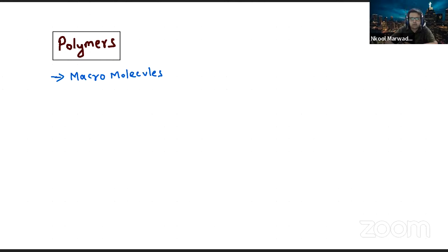And these macromolecules are comprised of small, simple, repeating units known as monomers. So polymers are macromolecules consisting of monomers.